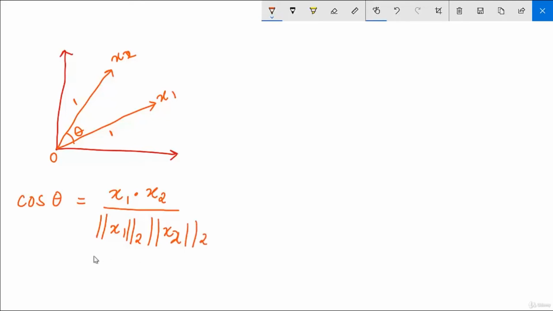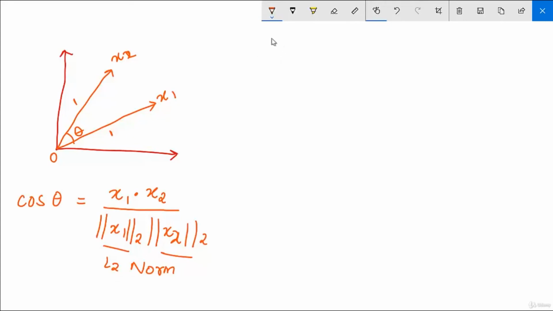I'm taking the length as the L2 norm, so this is x1 mod and x2 mod. This is the formula for cos theta if we are working with dot product and unit vectors. You get this L2 norm using your Euclidean distance formula.